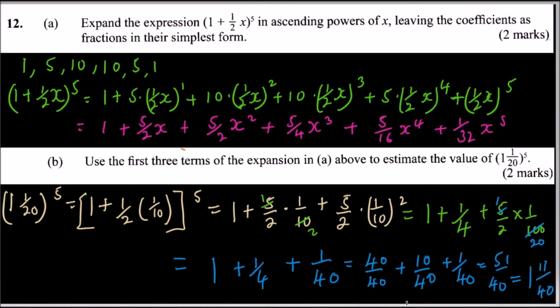So that is how you use the first three terms of our expansion. And that way you get yourself 2 marks. You get 1 mark for the expansion here, and you get 1 mark for the answer. And that is how we do that.